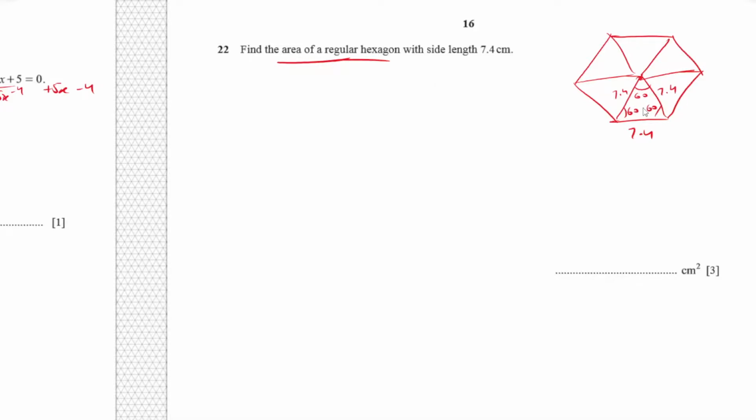We need to find the area of this regular hexagon, but of course we can use this. We can find the area of a triangle and multiply that by 6, because we have 6 of those triangles. So how do we find the area of this triangle? We use the other formula of a triangle, not just half base times height. There's another one, half times a times b times sine c, right?